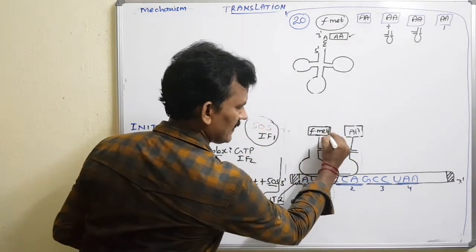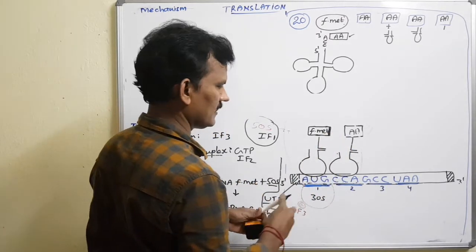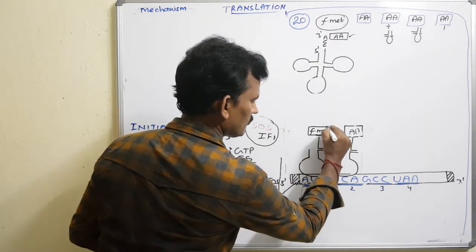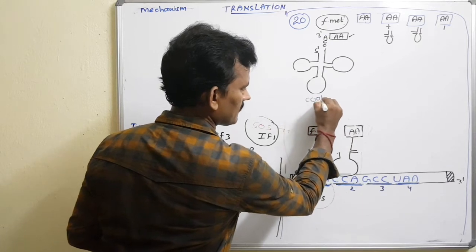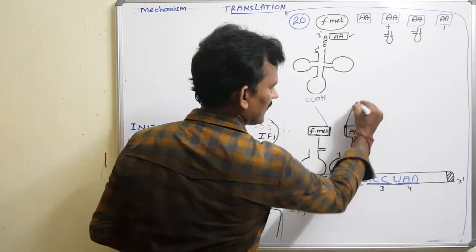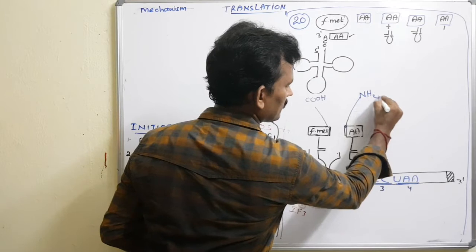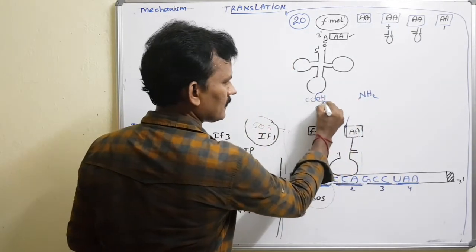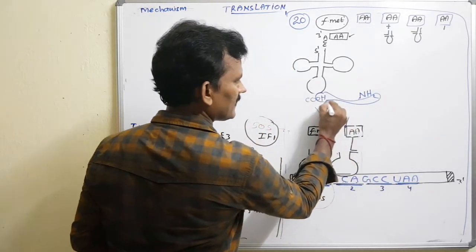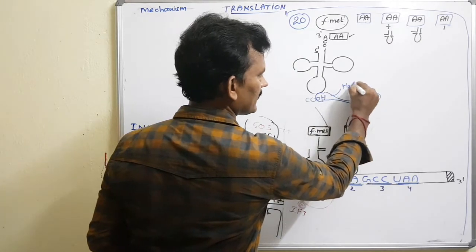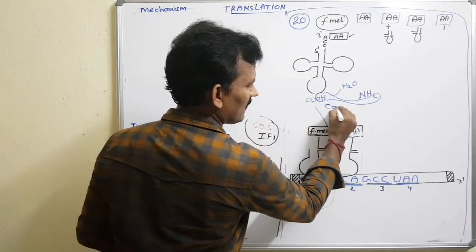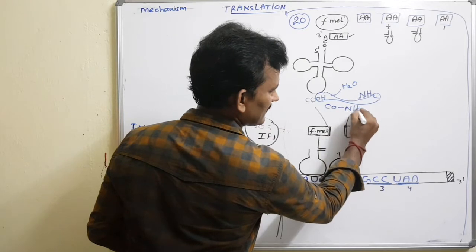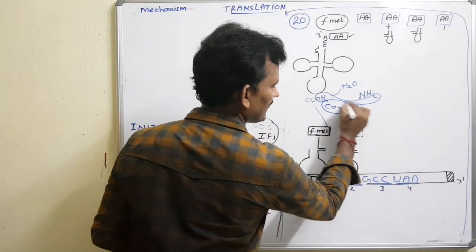The amino acid has a carboxyl group, COOH, and here is an NH2 group, the amino group. So OH and one hydrogen are eliminated in the form of water. So CO and NH, this is where the peptide bond takes place.